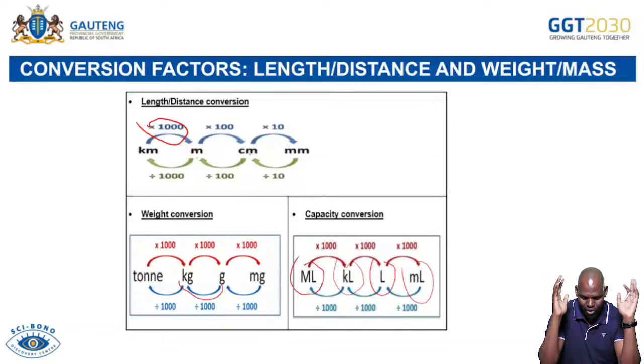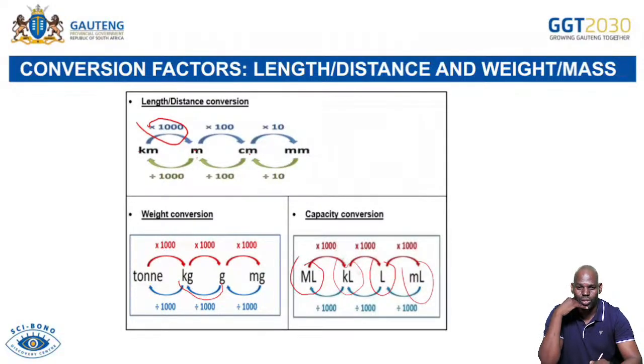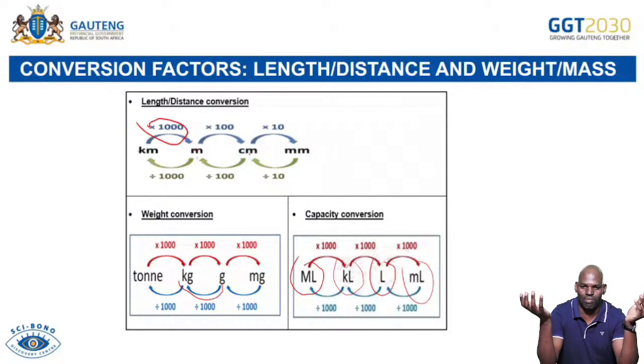When they provide water to the municipalities, they do it in megaliters. Municipalities then provide water to houses, using kiloliters. In our houses we consume water in liters, but the municipality will only be interested in the kiloliters that we are using, and Rand Water will only be concerned about the megaliters.